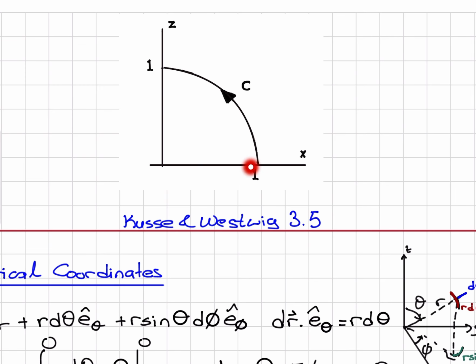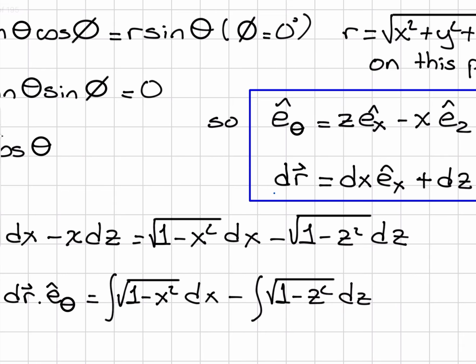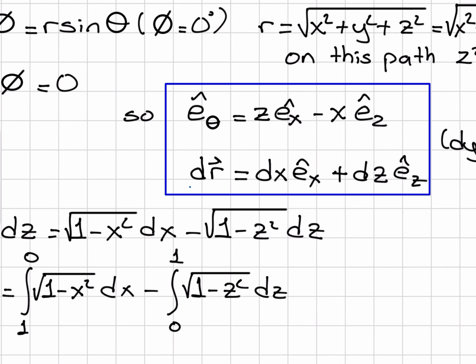x goes from 1 to 0, z goes from 0 to 1. All right. And because z is a dummy variable here, I can basically replace it by x.